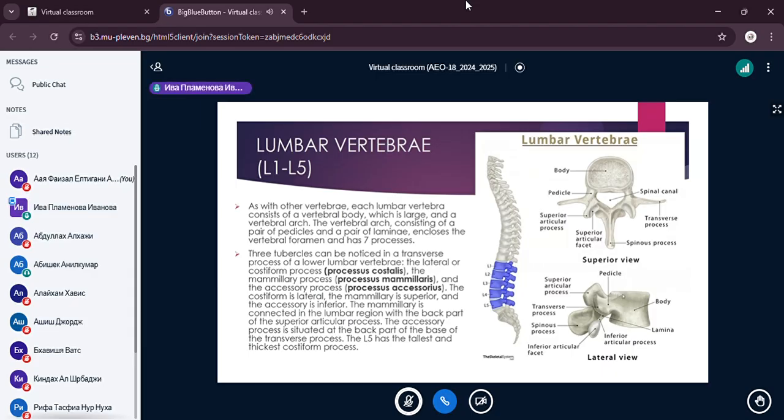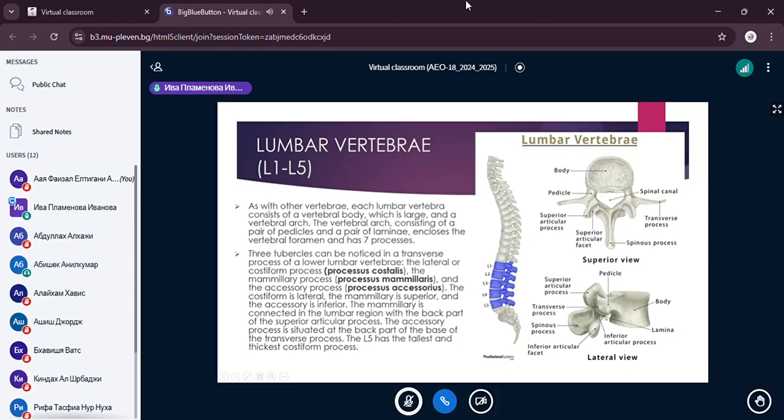The L5 has the tallest and thickest costiform process. Here is maybe L3, for example. That's the body, 2 pedicles, laminae, spinal canal, or vertebral foramen, transverse process, articular process is this one here.